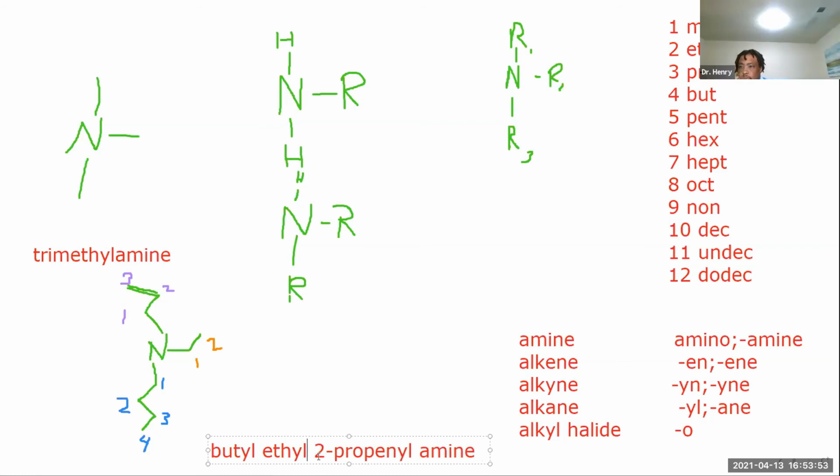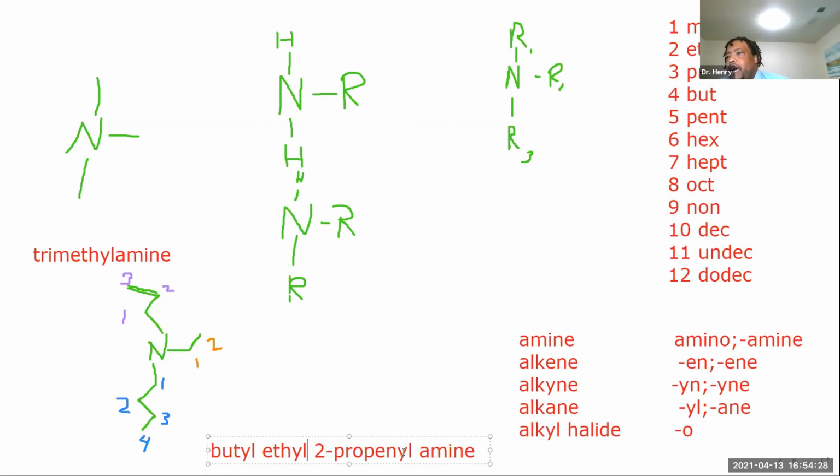On that first one, it wouldn't have made a difference if you counted 1, 2, 3 forward or back, but wouldn't we technically count 1, 2, 3 versus 3, 2, 1? You're always going to start your 1 nearest to the most important functional group. And the nitrogen is more important. Yes, that's why we give it its last name.